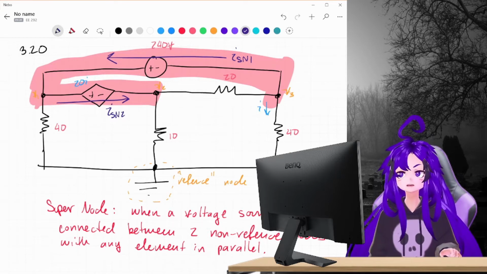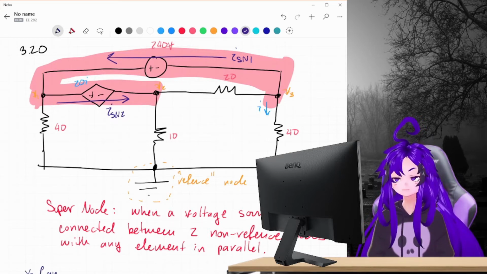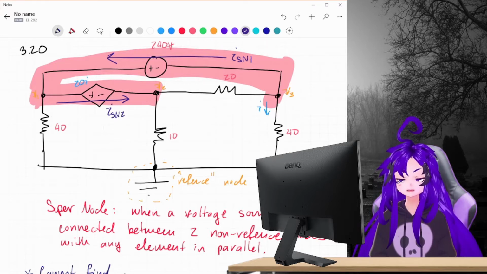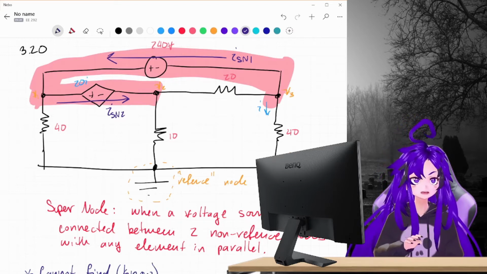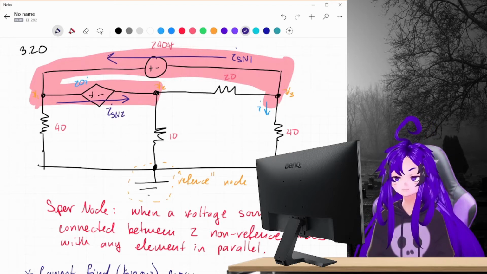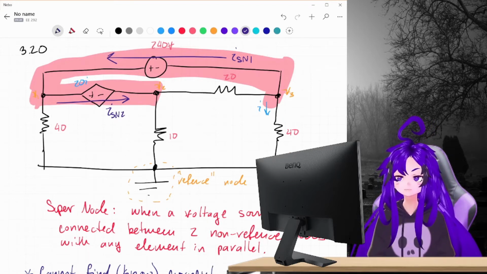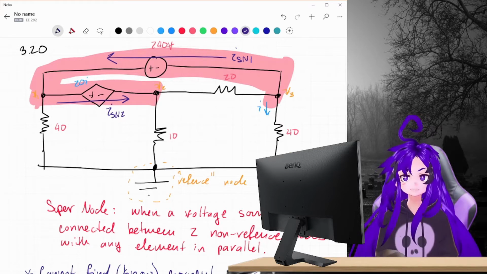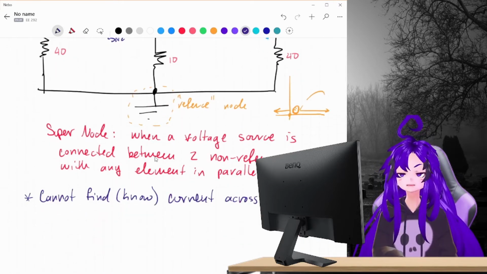So since we cannot know them because of our understanding of Ohm's law at this point, we have to do some funny things, and they're not too funny.